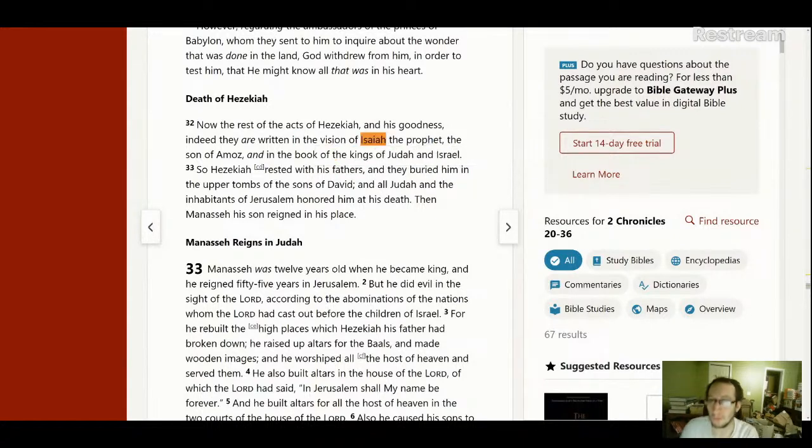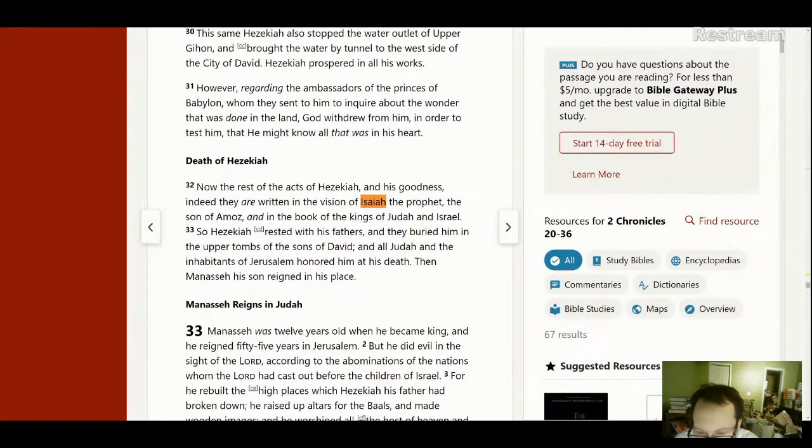And so when you go to 2 Kings, you see those chapters about Isaiah, and they're not in the book of Isaiah.